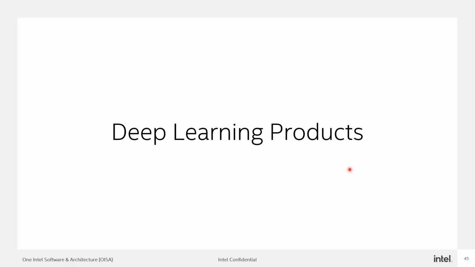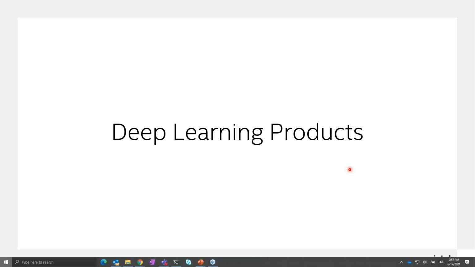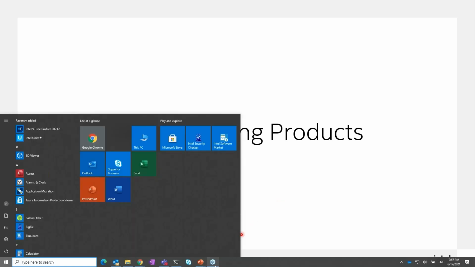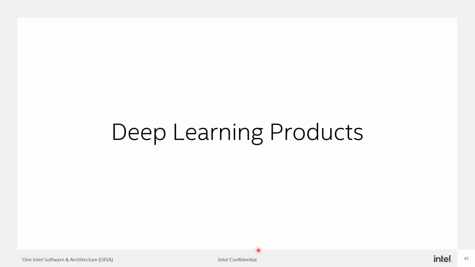So which one of the following libraries are used to optimize machine learning workloads? The options were oneMKL, oneTBB, none of them, both of them. The answer is both of them.